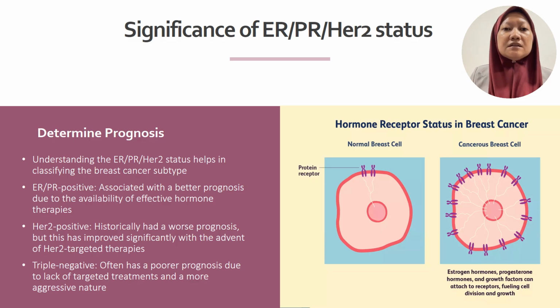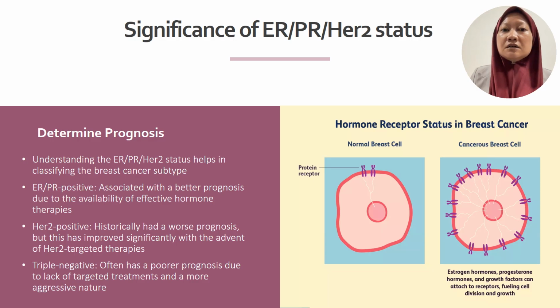By classifying the cancer into specific subtypes based on the biomarkers, we can predict how the disease is likely to progress and respond to treatment. For instance, ER, PR positive breast cancers are typically associated with a better prognosis, largely due to the effectiveness of hormone therapies that specifically target these receptors.